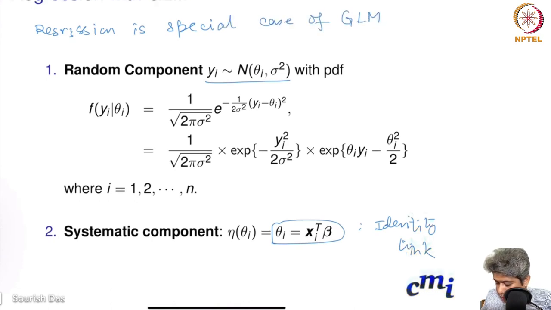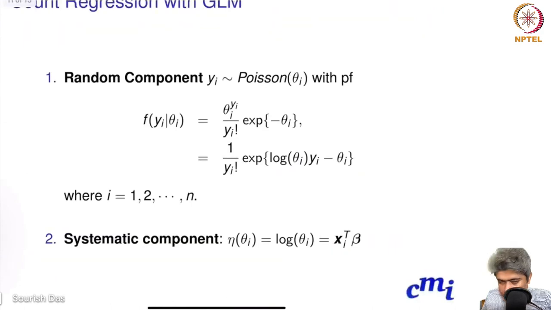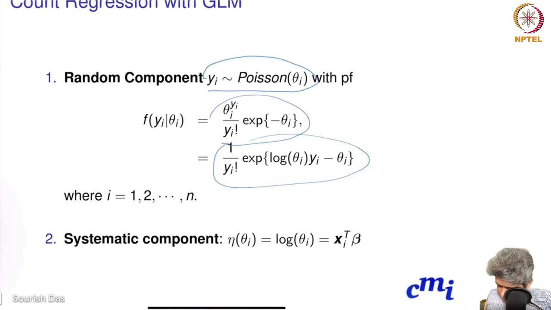Now count regression. All you have to do is say y follows Poisson theta_i, then you write it in this format, and then eta of theta_i is log theta_i, so we just say log theta_i equal to xi transpose beta. That's it.